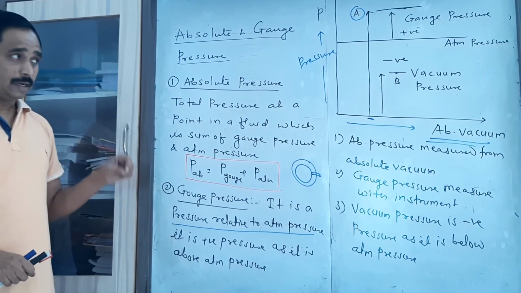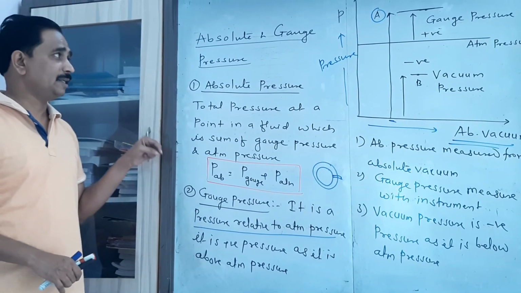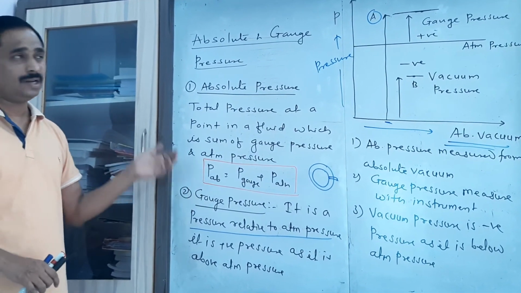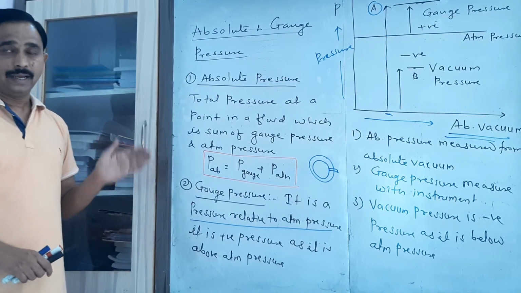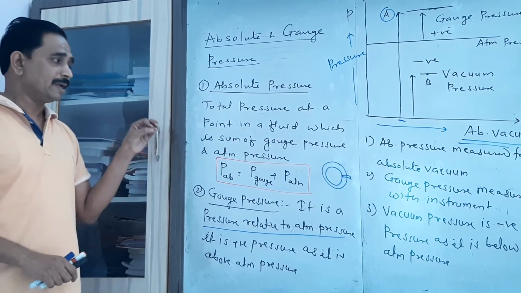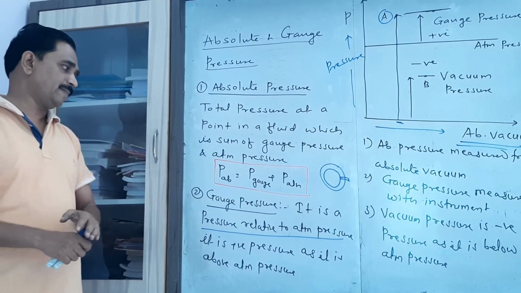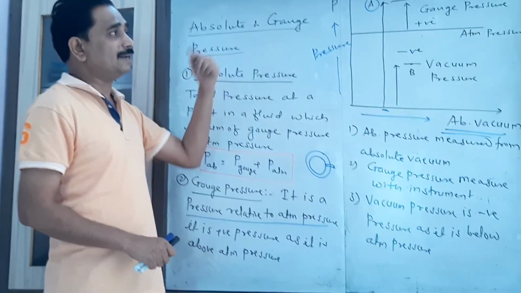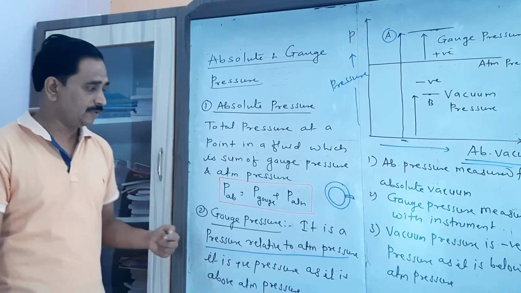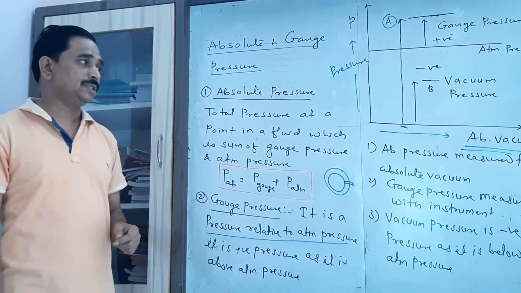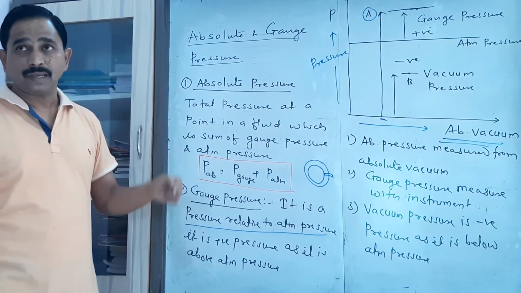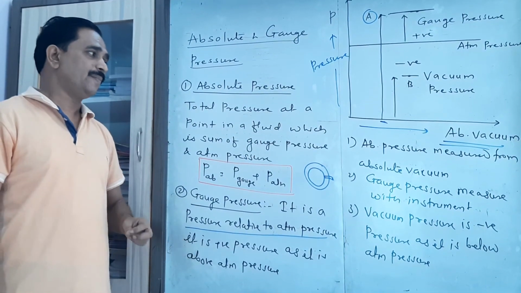So let us quickly revise the two points, what we mean by absolute pressure and what we mean by gauge pressure. Absolute pressure is the sum of gauge pressure and atmospheric pressure. Gauge pressure is the pressure which is greater than atmospheric pressure and is always taken as positive. And vacuum pressure is the pressure less than atmospheric pressure.